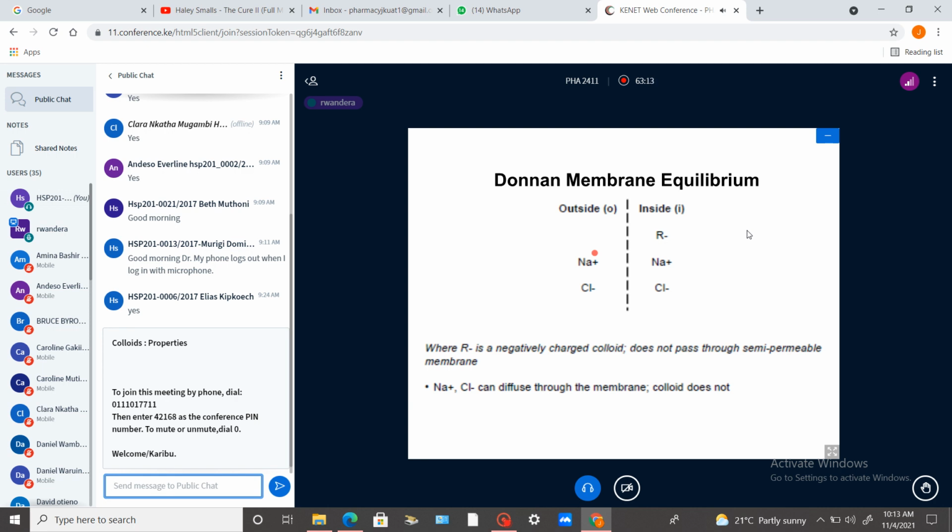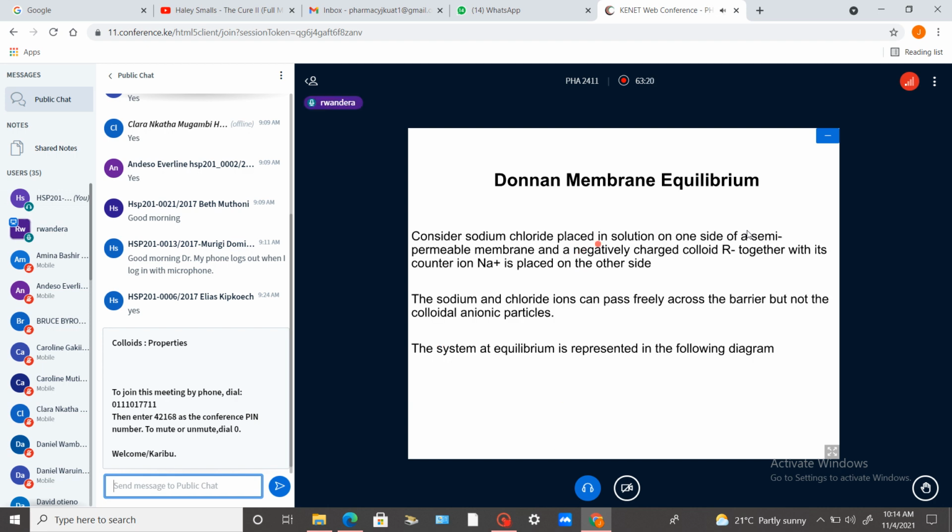So when you have your sodium chloride in solution on one side of the semi-permeable membrane and a negatively charged colloid together with its counter ions placed on the other side, the sodium and chloride ions can pass freely across the membrane, but the negatively charged colloidal particles cannot go through.